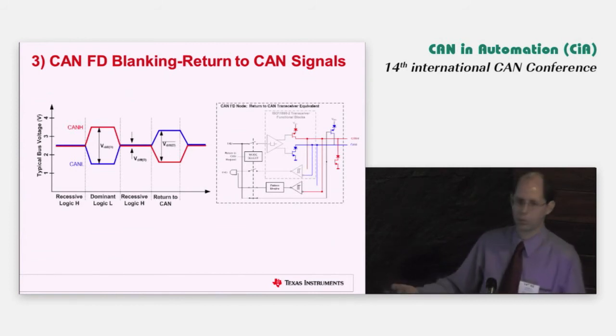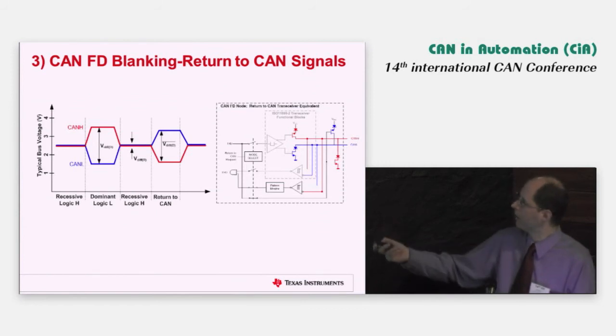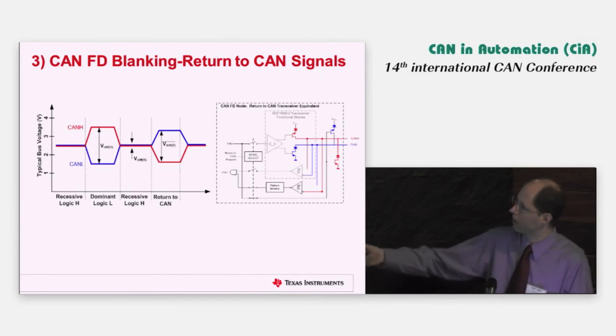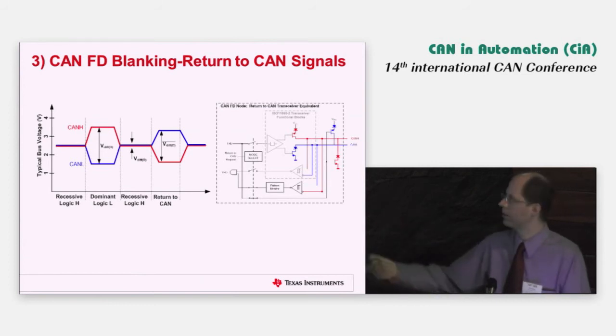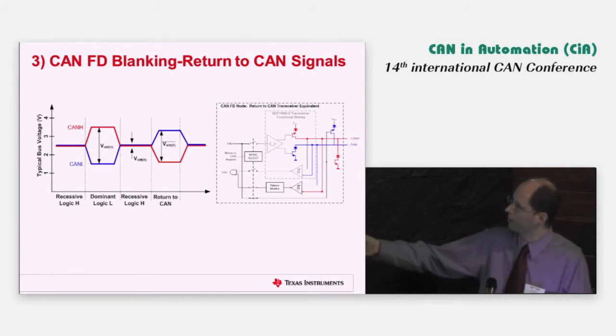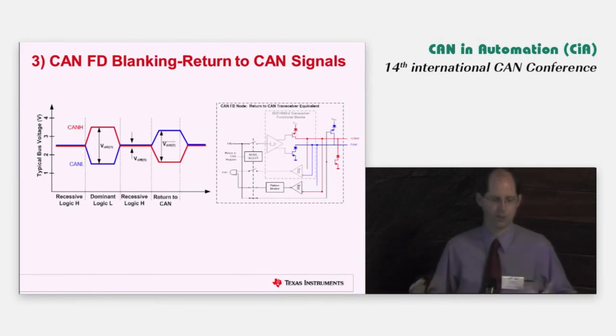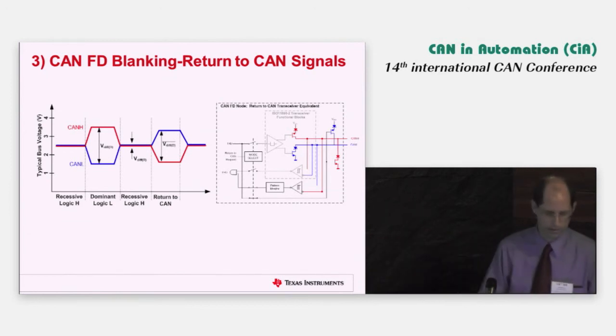For cost and implementation viewpoints, we can simplify this possibly, put a reverse driver on, and thus with the reverse driver, when we bring the logic on the mode on this transceiver, which is a blanking and a return to CAN signal transceiver, we can generate a second differential signal that's inverted to the first.